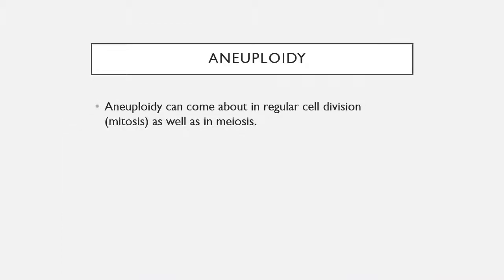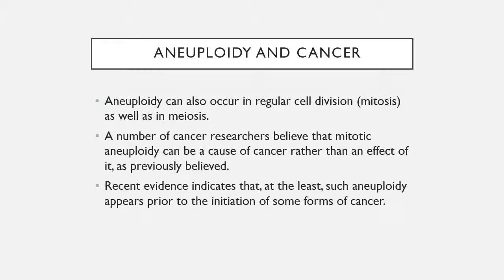So far we've been talking about aneuploidy from meiosis, so it will happen to the sperm and eggs that result, but aneuploidy can also occur in regular cell division of your other body cells in mitosis. They found that a number of cancers are caused by aneuploidy.